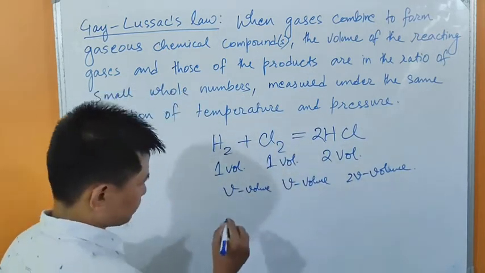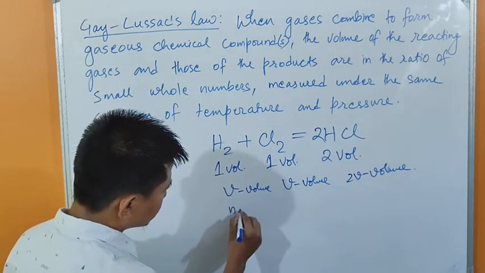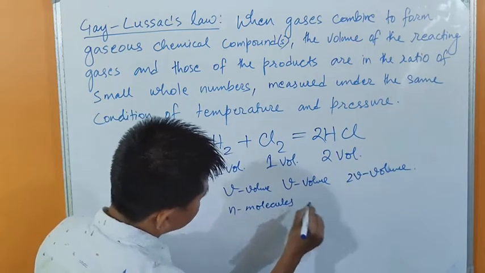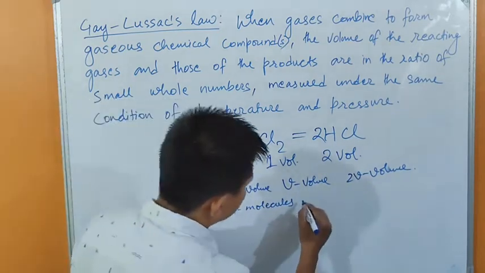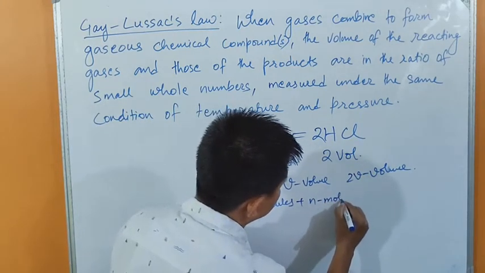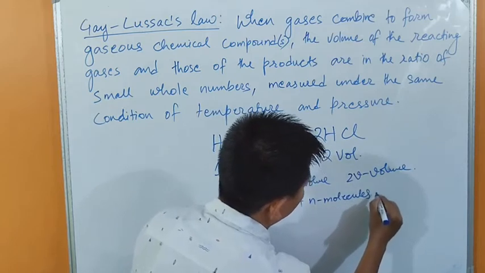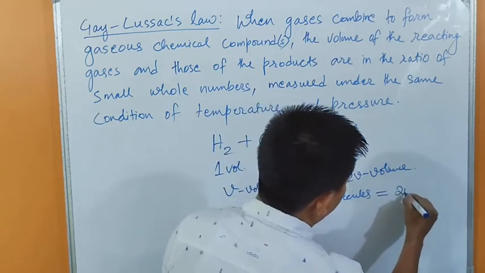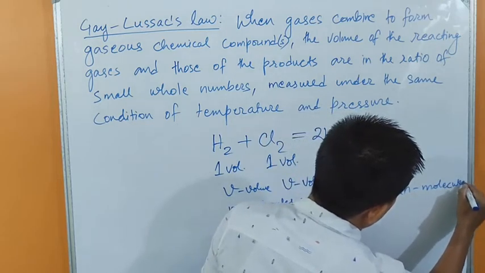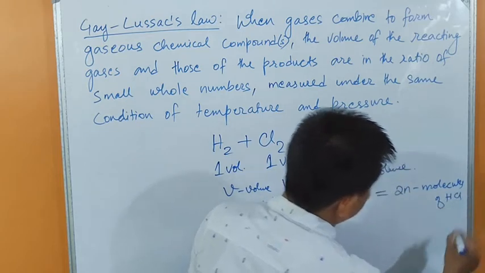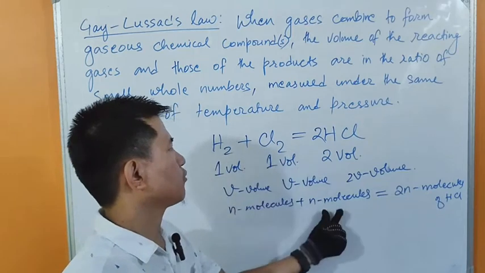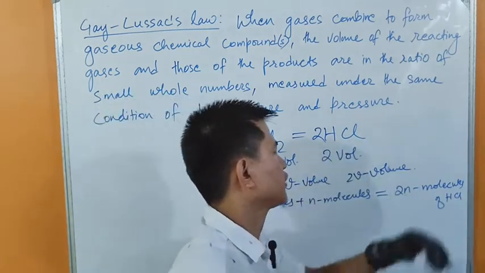Okay, now suppose n molecules of H2 reacts with n molecules of chlorine, then 2n molecules of HCl gas is produced. n molecules of hydrogen reacts with n molecules of chlorine to produce 2n molecules of HCl.